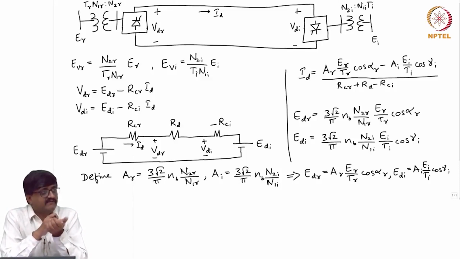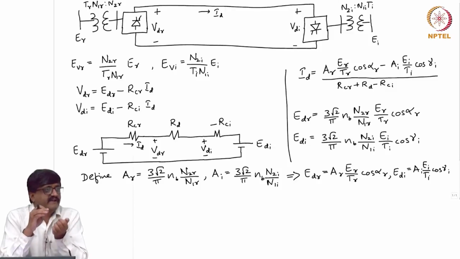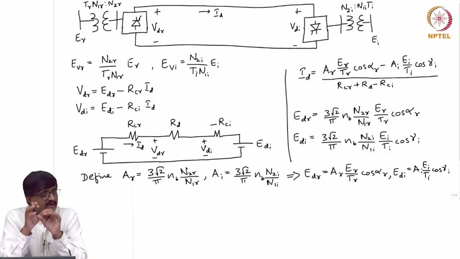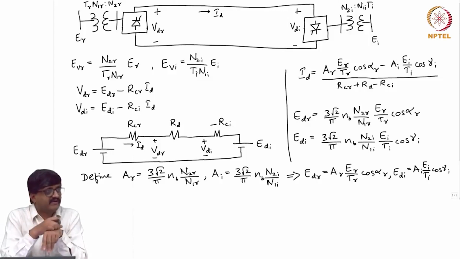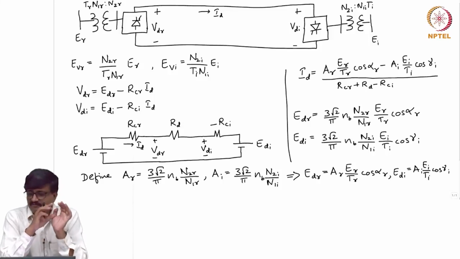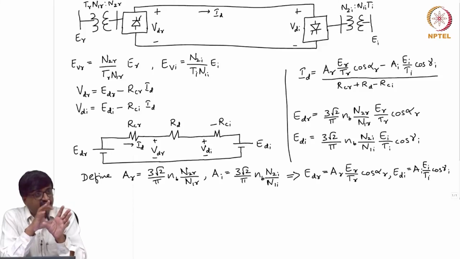Then TR is a control variable, a tap. The user can decide the value of TR, the tap position, on load tap. Similarly, the on-load tap on the inverter side, TI, is also a variable. There is another variable, alpha R, which the user can control, and gamma I is another variable which the user can control. So essentially, there are 4 control variables. Please note, there are two more variables, ER and EI, but they can't be controlled.